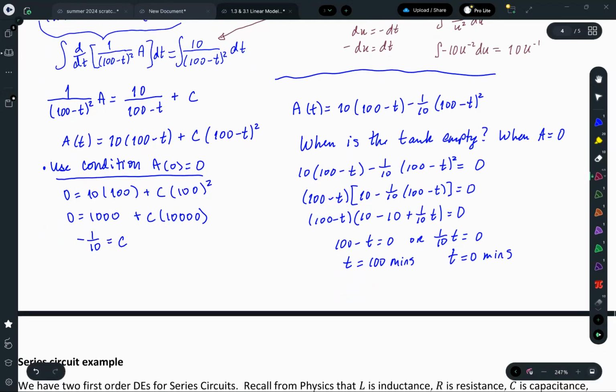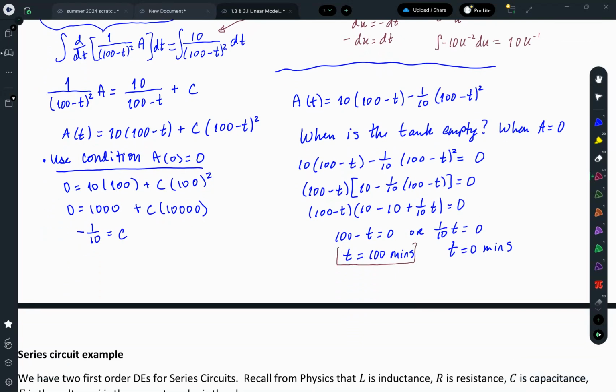Okay, so just to clarify, the t equals 100 minutes is when the tank is empty. The t equals 0 minutes is when no salt has been added.